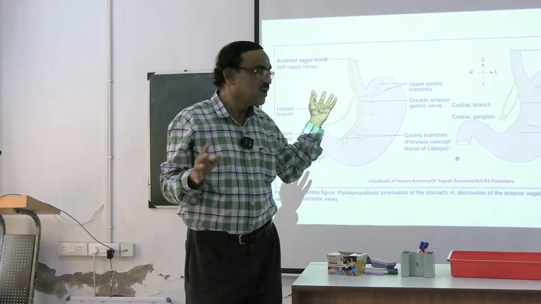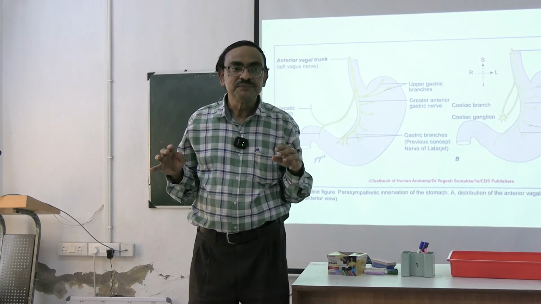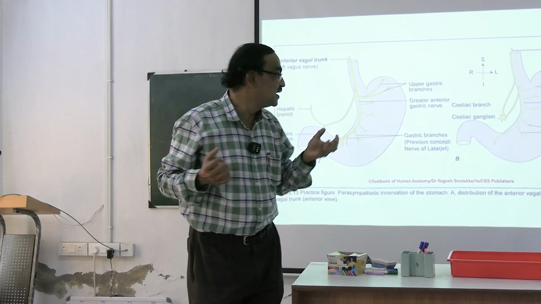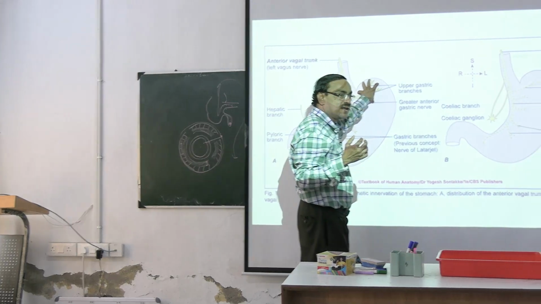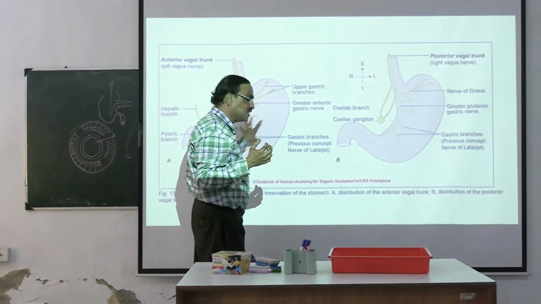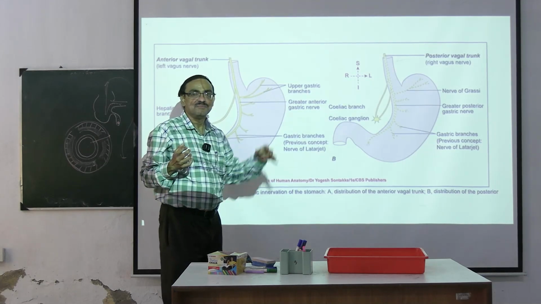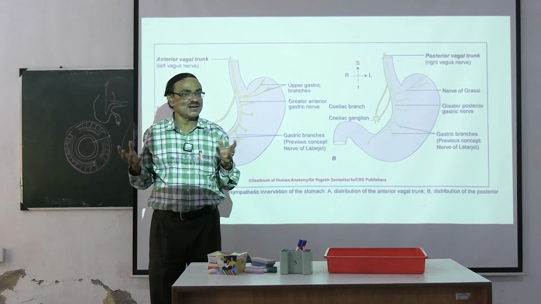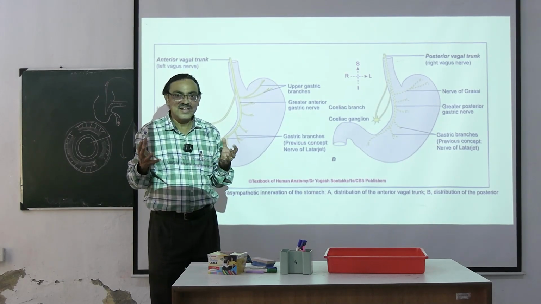So, what is the function of the vagus nerve? Vagus is secretomotor. It supplies the cardiac glands, body glands, and pyloric glands, so they supply the glands, parietal cells, and peptic cells, and it is secretomotor.